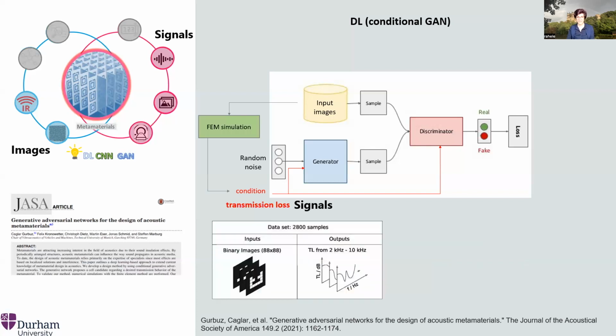However, what is the condition that we are talking about? The condition in this paper was a kind of finite element simulation on input images that would produce the transmission loss. This is a kind of signal. So this transmission loss is something that we want to guarantee that our images produced using the generator have this property.